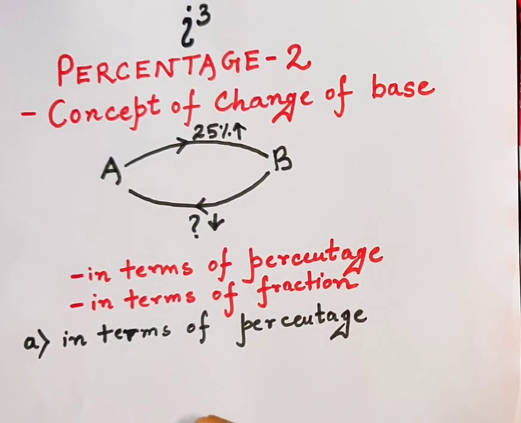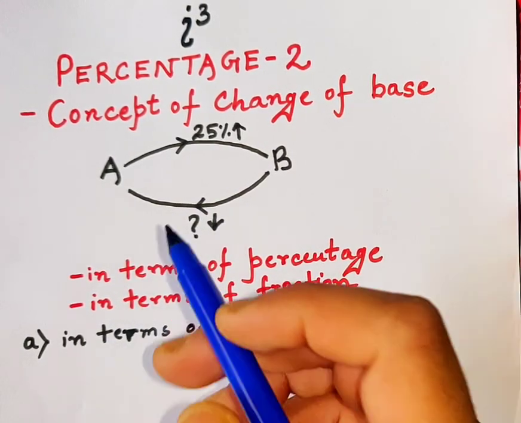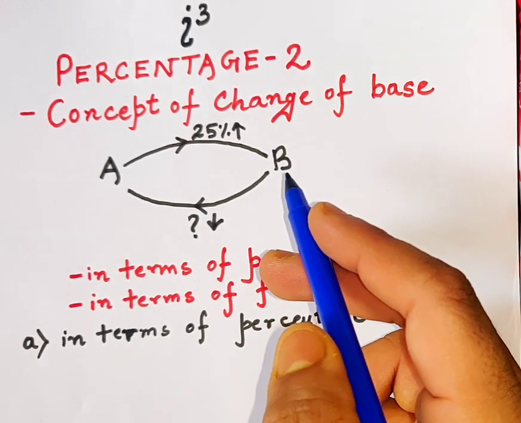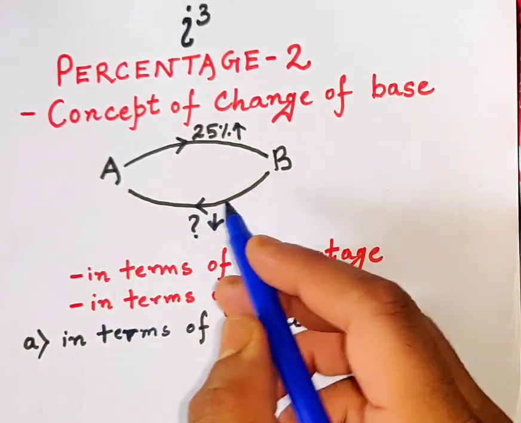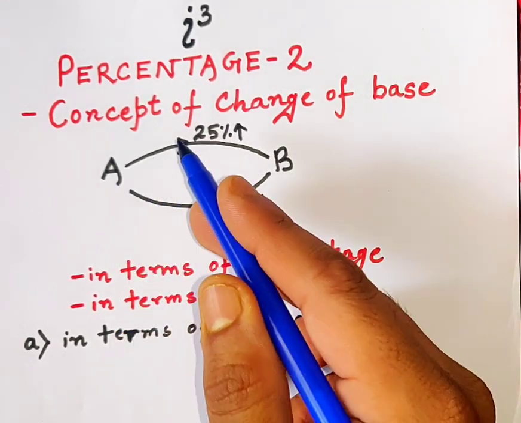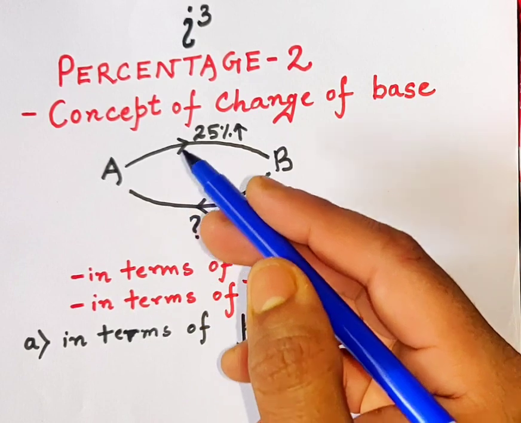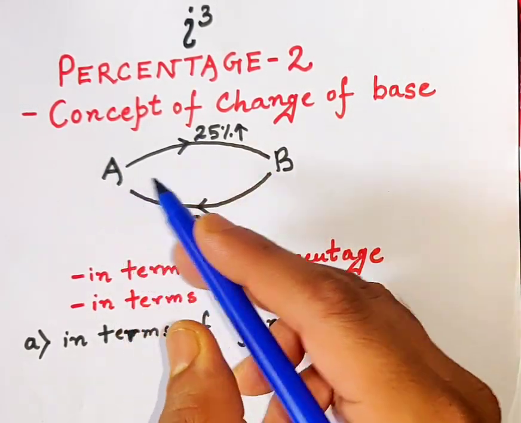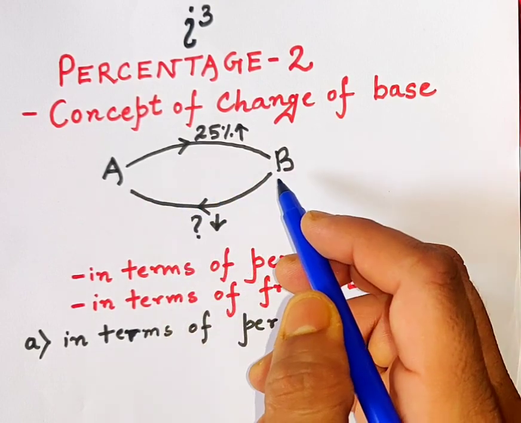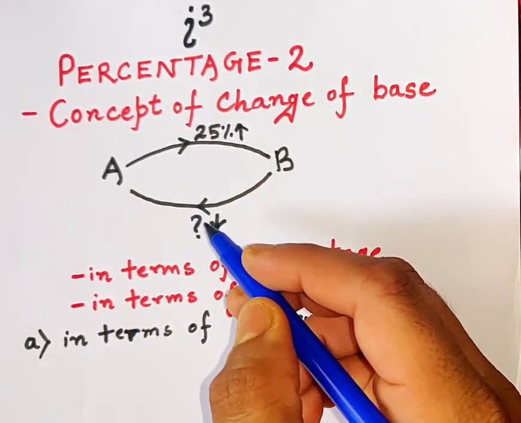So what type of problems are we trying to attack in this? If you increase A by 25%, by what percentage should B be reduced so that you get back A? The percentage values will be different because for this the base was A and for this the base will be B. Because the base changes, your percentage amount will change.